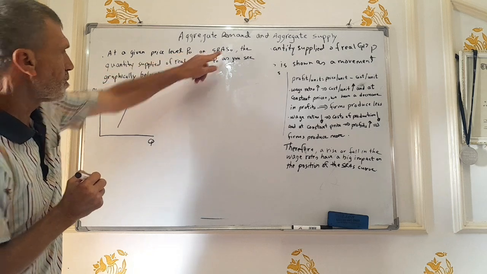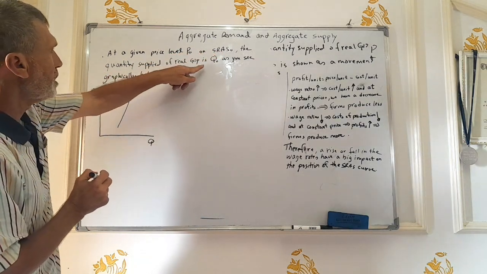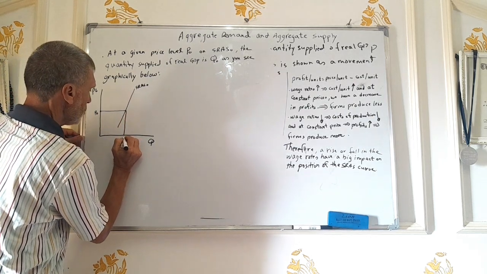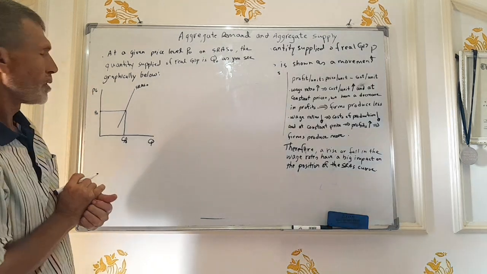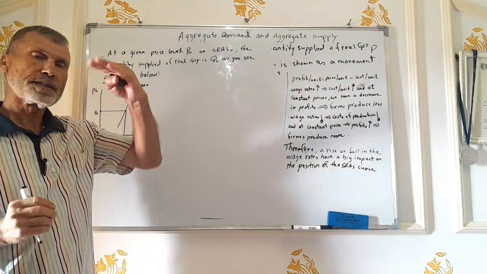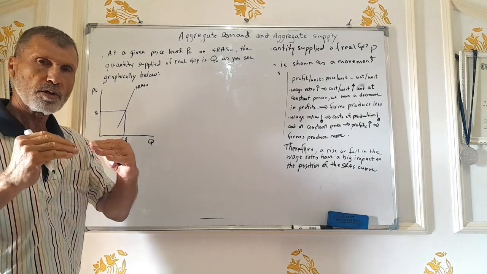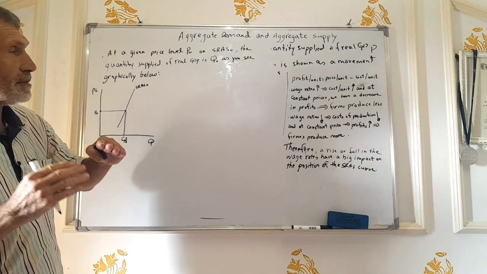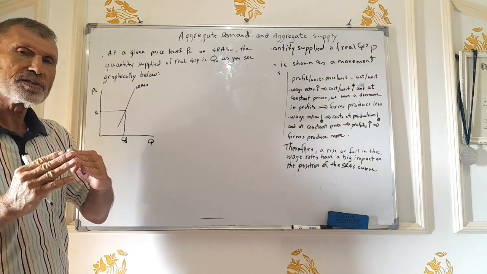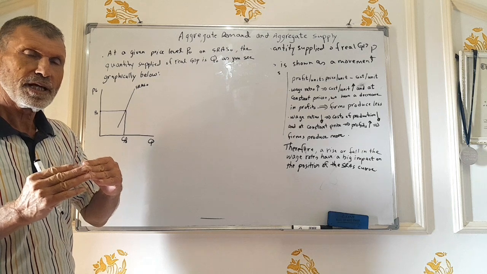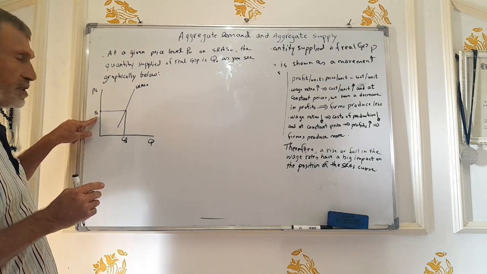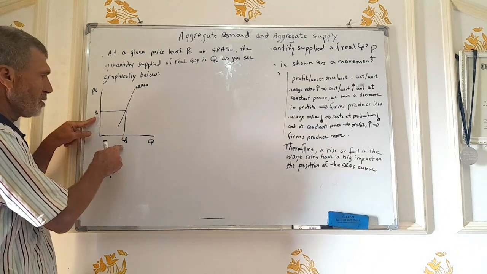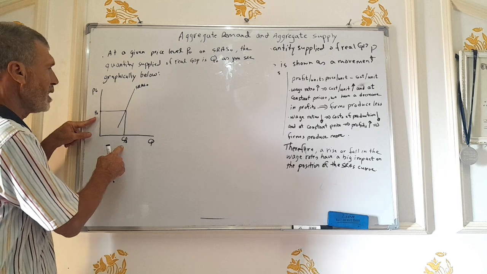The quantity supplied of real GDP is Q0. Now, when the wage rate increases, that implies the firm's profit will decrease, and at constant price level P0, that will translate to lower output, lower than Q0.